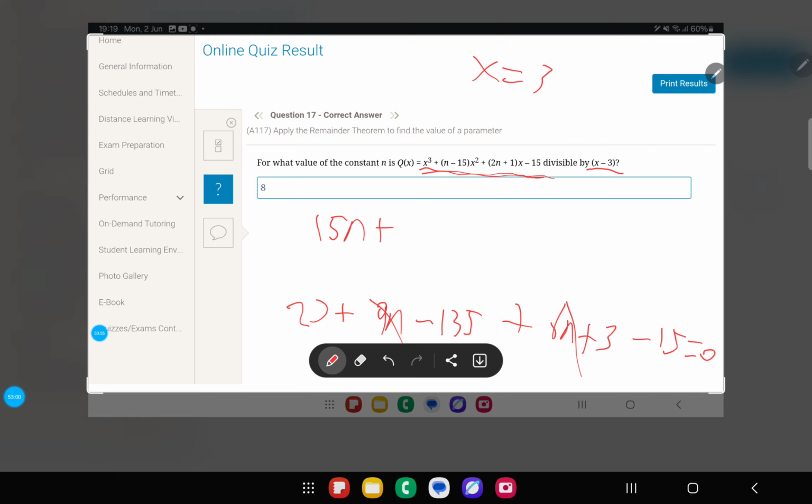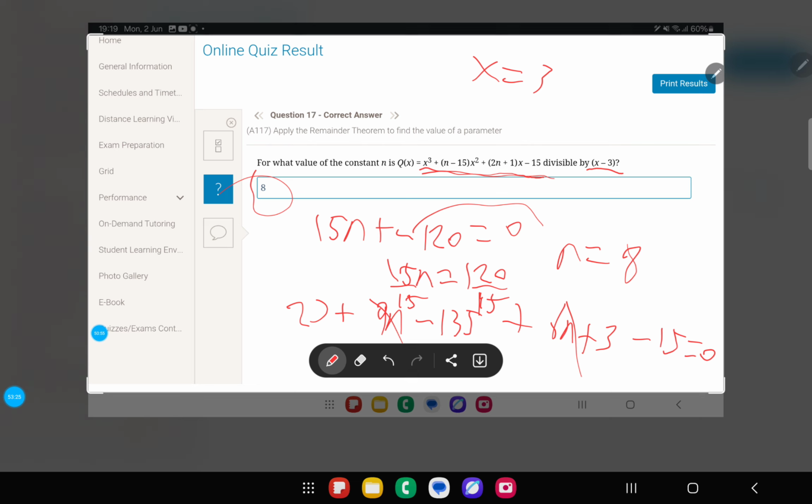It's going to be negative 120, equals 0. So you're going to flip negative 120 to the other side. It becomes 15n equals 120. So divide 120 by 15. You get n as 8. And that's the answer, 8.